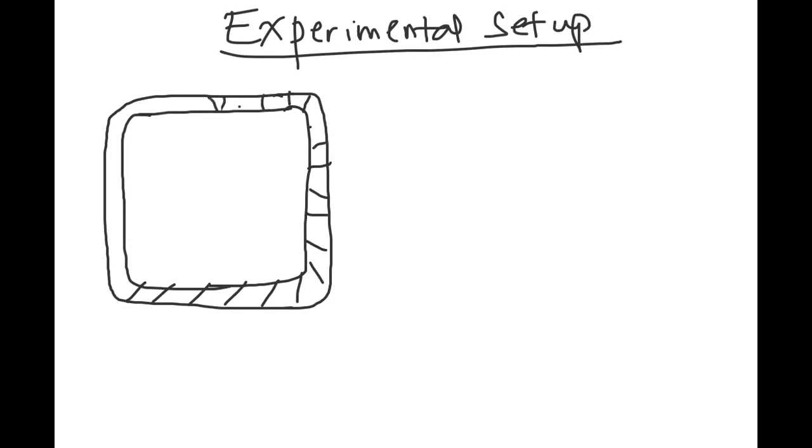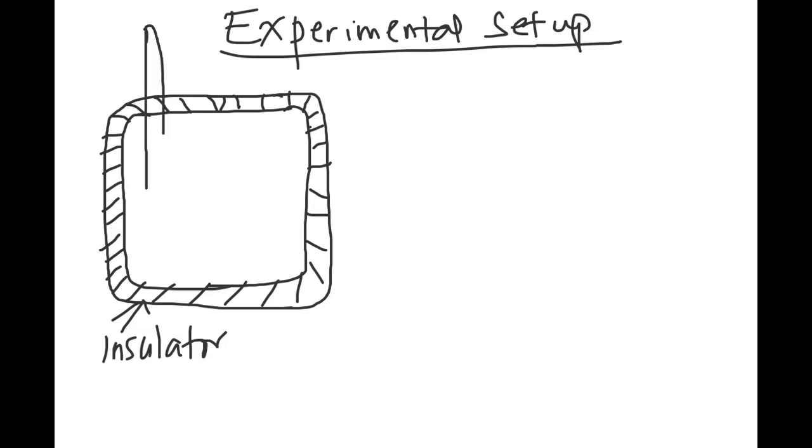You can guess an insulator will prevent heat entry or heat loss. So this is an insulator. Then you need a way to measure the temperature inside. That should be a thermometer. The reason is we should be able to measure the temperature of the contents.